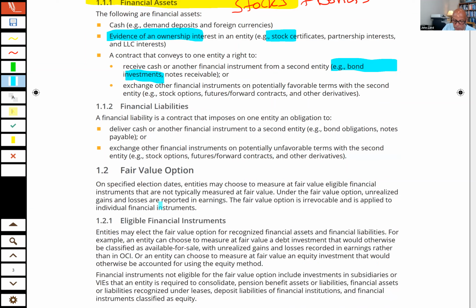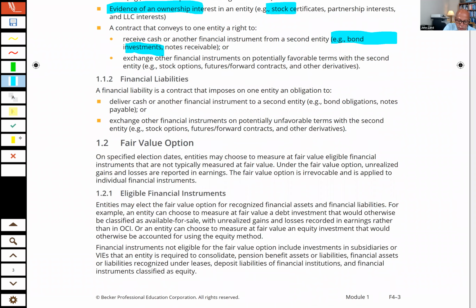Now, even though we're going to be looking at how you can account for transactions, depending on the type of security, you could have a debt security that you have the positive intent and ability to hold to maturity. Those go into the held to maturity category, and you're not required to even calculate an unrealized holding gain and loss if the security is sitting there in the held to maturity category.